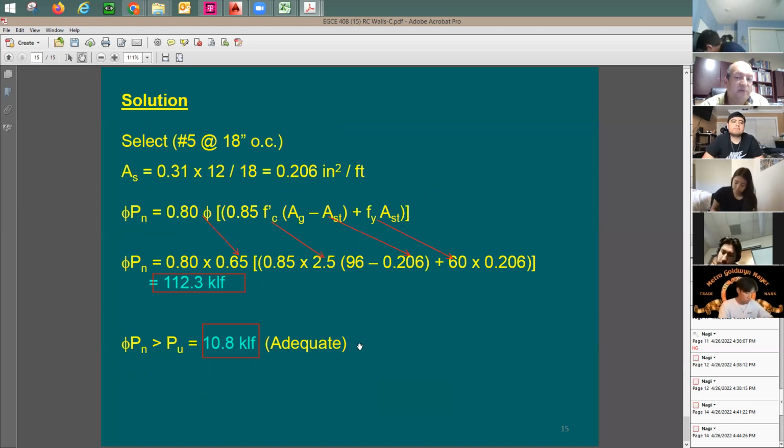But usually we'd like to start with the minimum because we know that in walls, we have lots of concrete. It's going to be very strong compared to the demand. Look at the demand here and the capacity, like 10 times. Sometimes it's going to be at least maybe 2 times when it comes to axial load capacity, because a concrete wall has a big cross-section area.